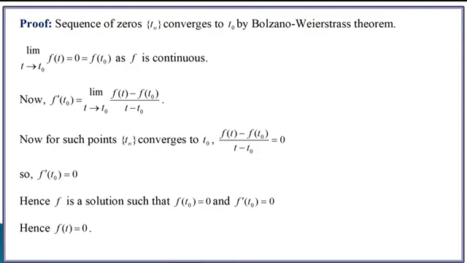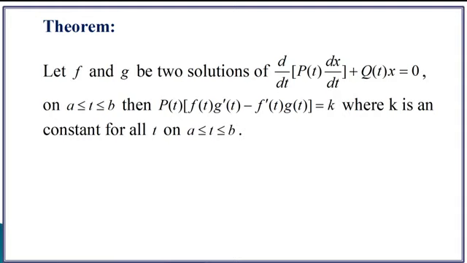Next, in the next slide, we see another important theorem. Let f and g be two solutions of this self-adjoint equation, and then we show that this term is a constant. Now, why are we interested in this theorem? This theorem is important to prove the next theorem, which is important.